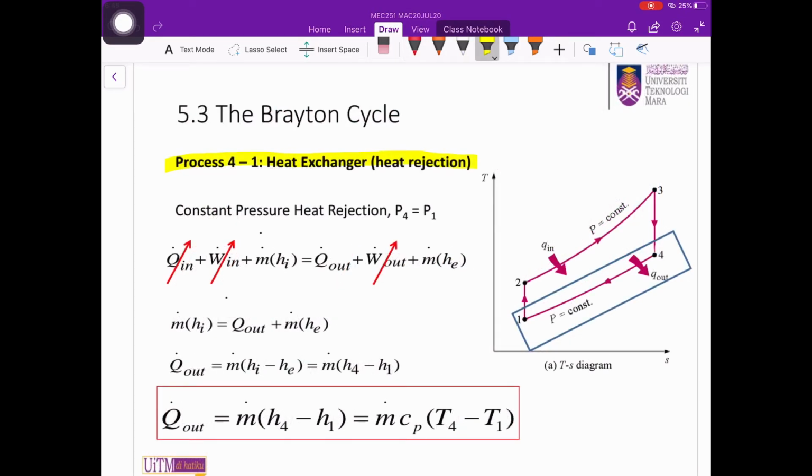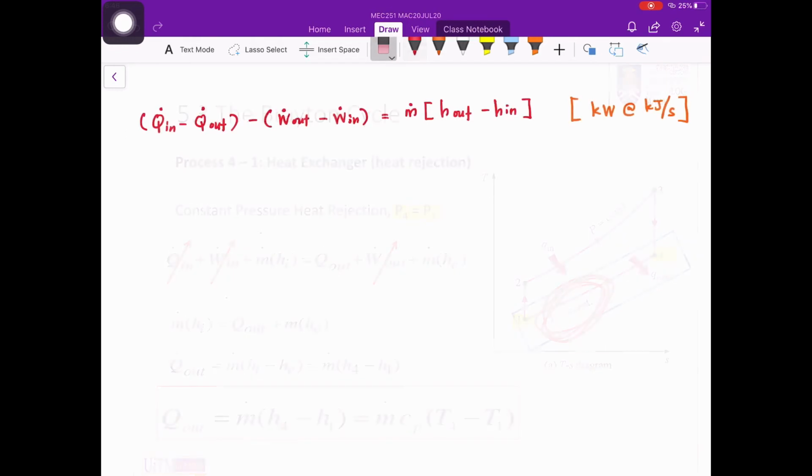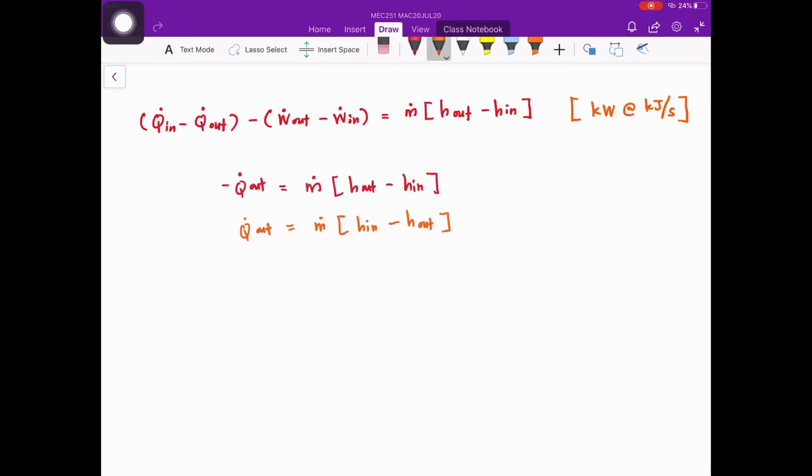For the last process, which is process 4 to 1, constant pressure heat rejection, the pressure at state 4 is equal to the pressure at state 1. From the steady flow energy equation, SFEE, since the heat exchanger is not a work-related steady flow device and it is used to reject heat for this process, the SFEE will become this expression.